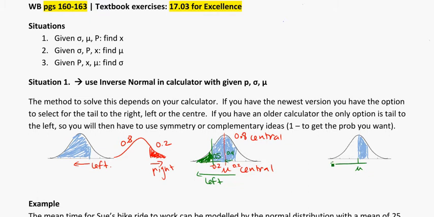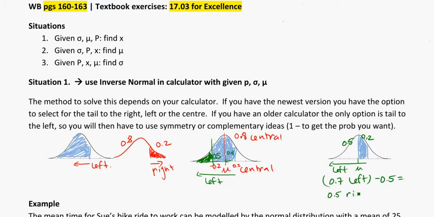So if you used the left from that value, say for instance this was a 0.2 probability, you would use 0.7 and left, and then subtract 0.5 off of that to get your probability, because you don't want this part here.